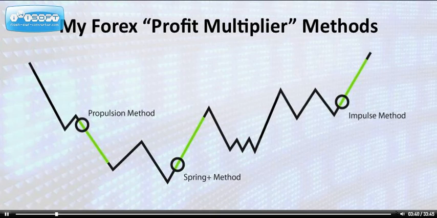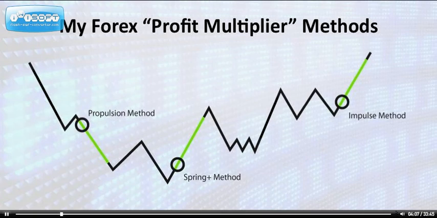Many of the most successful traders know that trading is a numbers game, and the key to potentially winning over time is to stack the odds in your favor while dramatically reducing risk before you even place a trade. That's why my Forex Profit Multiplier methods were designed to be traded only when market conditions are entirely in your favor. This way, you don't waste time and money gambling on uncertain market conditions like many amateurs do.